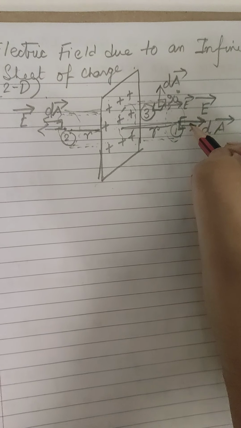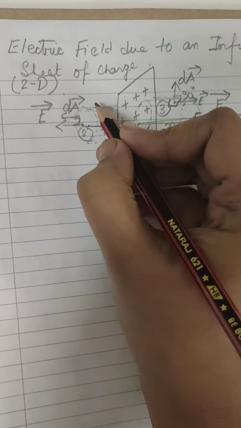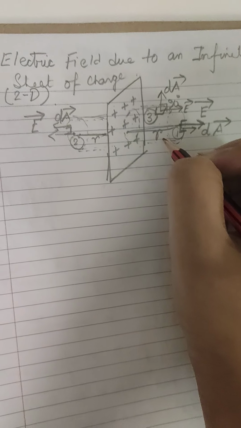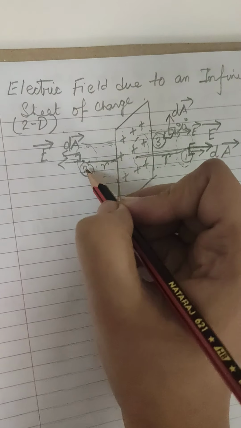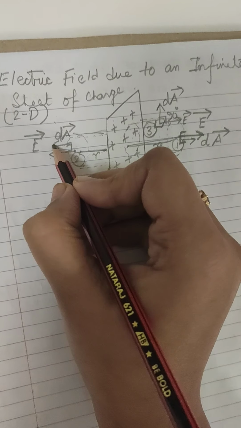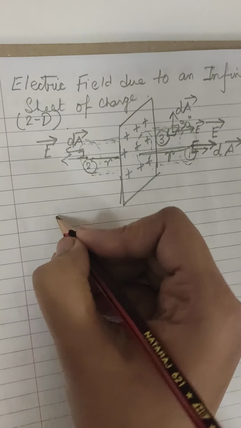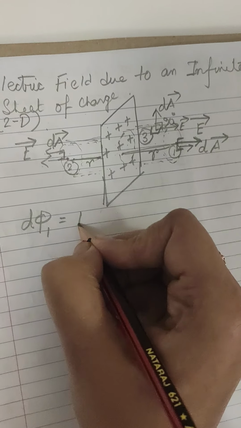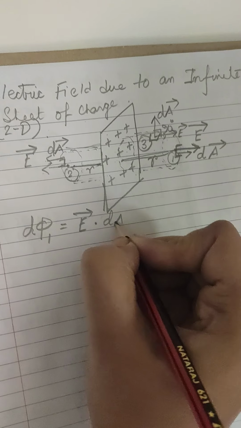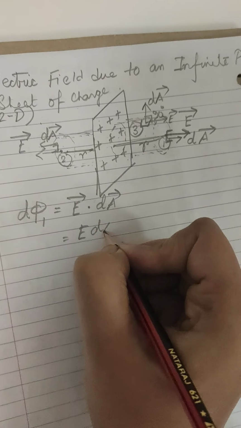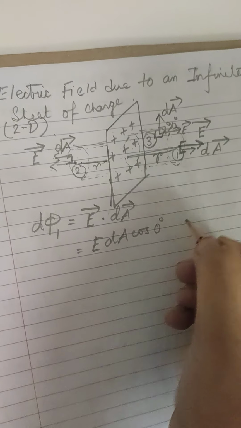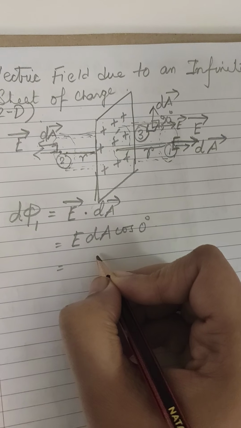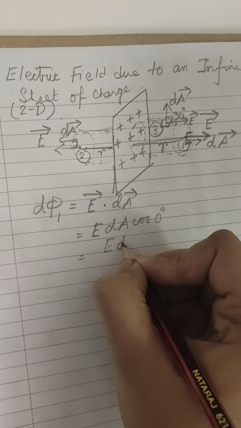Now since it's a Gaussian surface, the electric field intensity is the same at all points on the curved surface. And here E and dA are in the same direction. So we will find d phi 1 for this surface. d phi 1 will be E dot dA, that is E dA cos 0 degree, that is E dA.